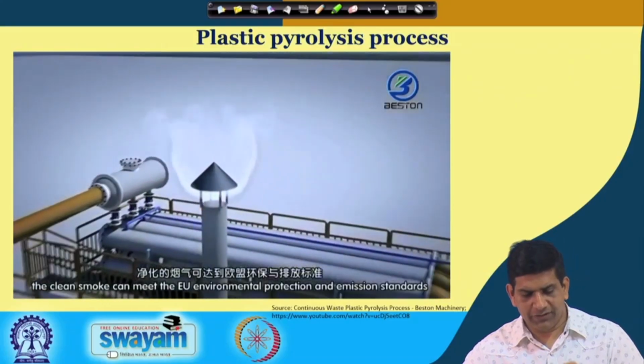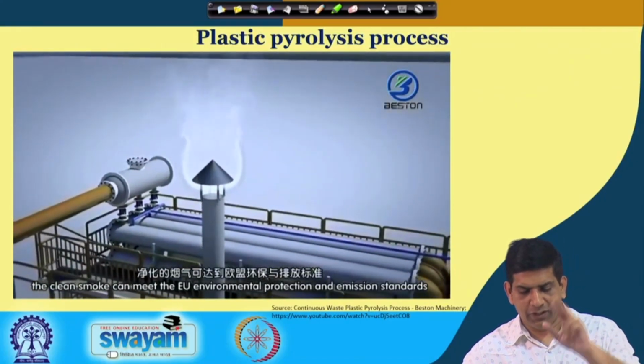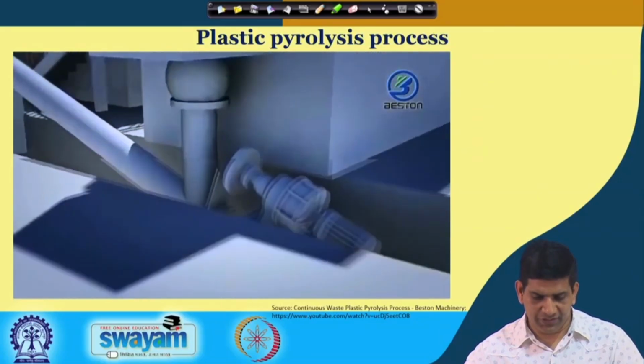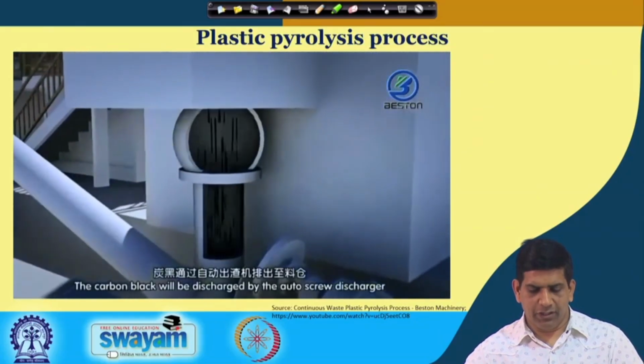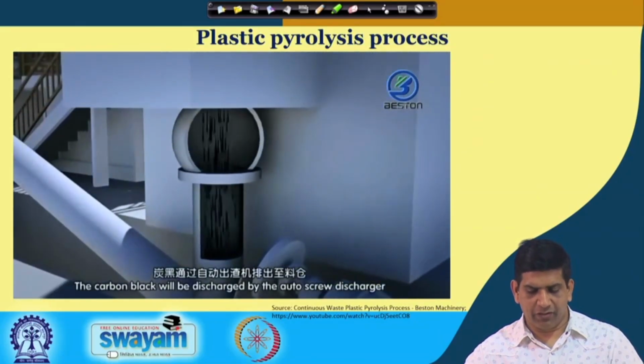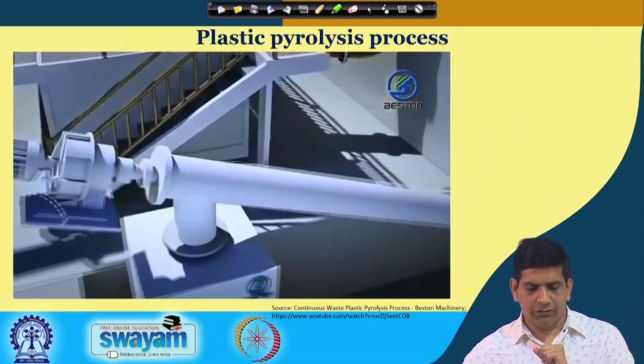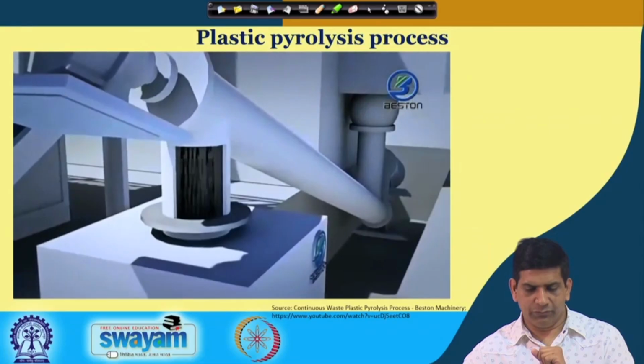After four filters, the smoke goes through the stack, and they meet European Union standard. So similarly in India it has to meet the Indian standard. The carbon black which is collected is discharged through an auto screw discharger. So carbon black is collected as well, which can be used as adsorption material.